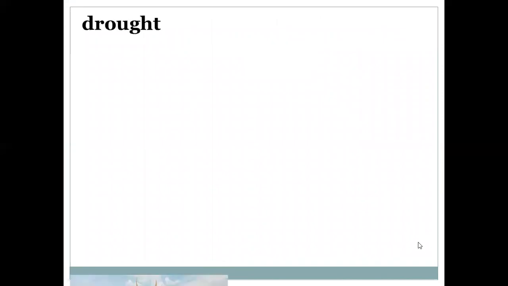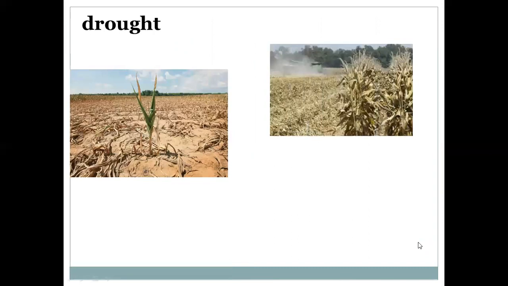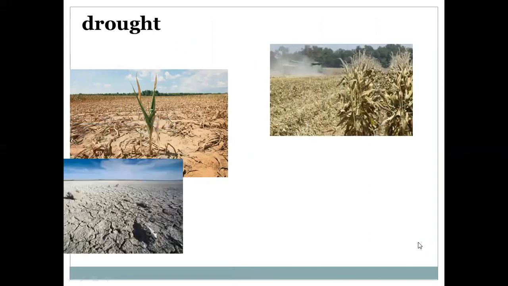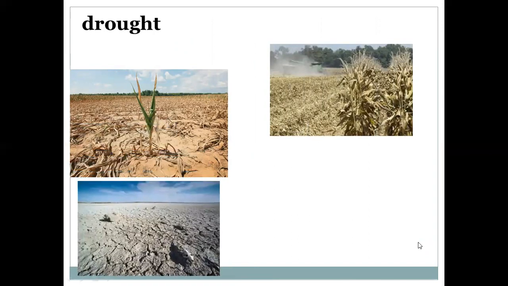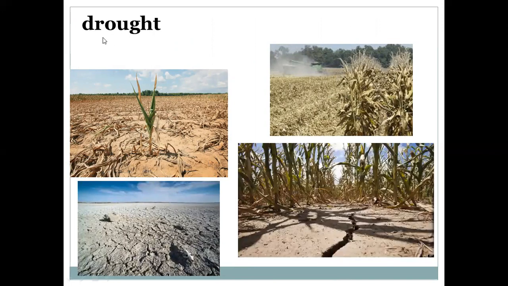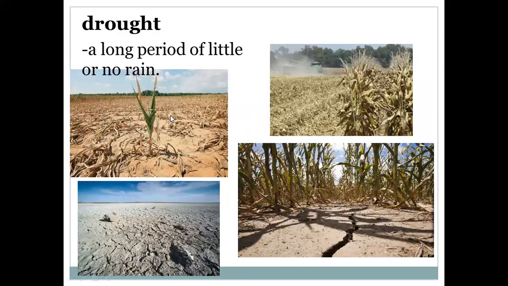All right, so we have the third word: drought. Pictures will really help you a lot, guys. I'm sure that we'll learn the word drought in science lesson, actually. A drought is a long period of little or no rain. Actually, it's not only rain, guys, it could be snow, because some places, of course, have a lot of snow.